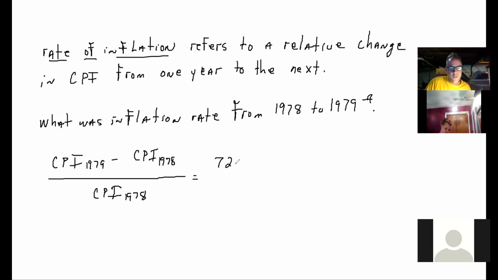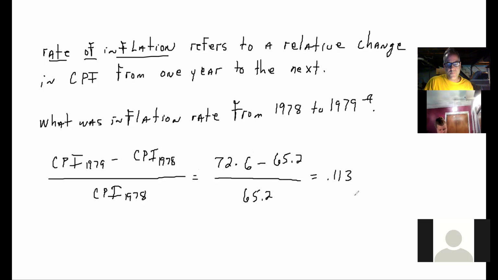You'd have 72.6 for 79, that would be your price index for 79, minus 65.2, and divide that by 65.2. You're going to get 0.113. So multiply it by 100, and you have 11.3%. So your inflation rate from 78 to 79 was 11.3%, which is pretty high.